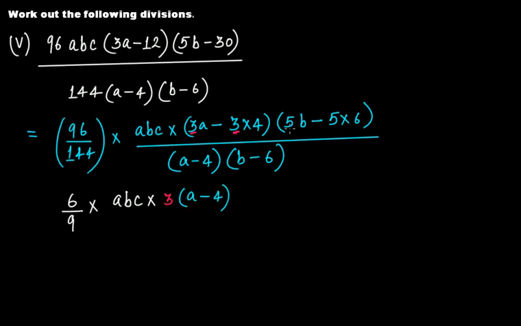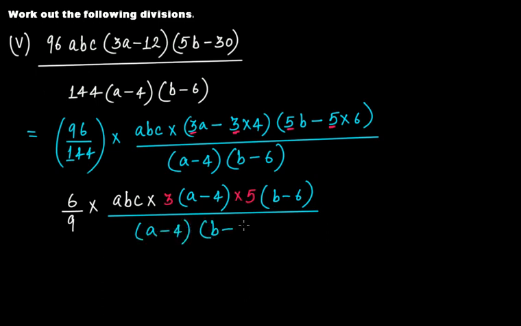Now this 5 and this 5 are common, so take that out, 5 times b minus 6, and this is a minus 4 times b minus 6. Now a minus 4 gets cancelled, b minus 6 gets cancelled, and this is 6 by 9.